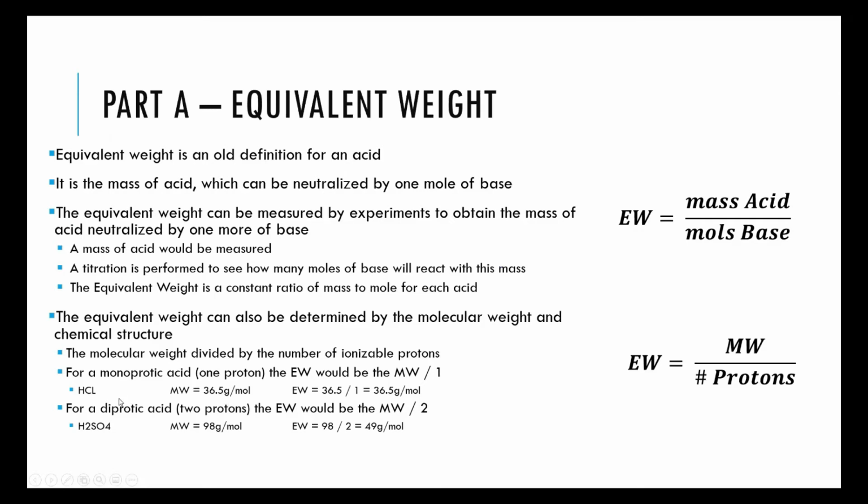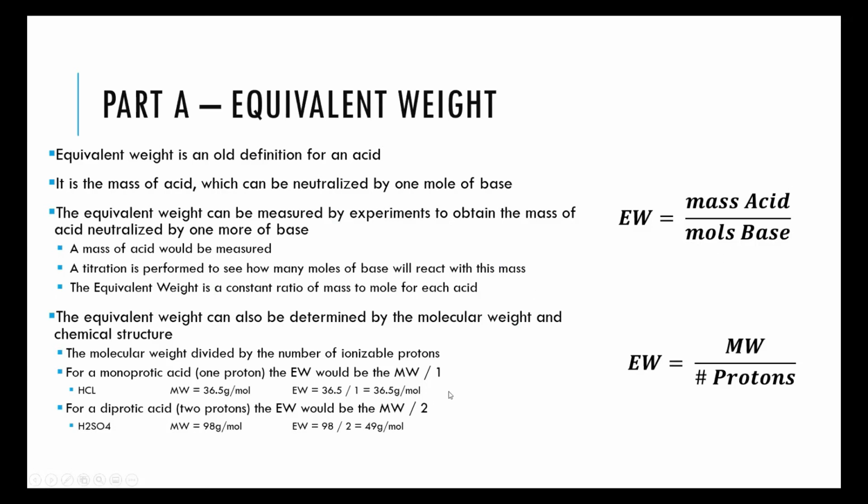For every 1 hydrochloric acid that can react with 1 mole of sodium hydroxide, there is 1 proton on hydrochloric acid. So for every 36.5 grams, that's 1 mole of hydrochloric acid, it can react with 1 mole of base. So the equivalent weight is 36.5, the mass, divided by 1, the moles.